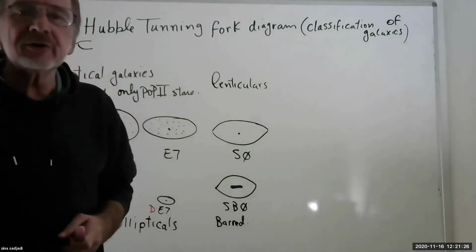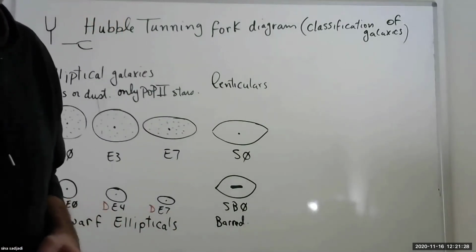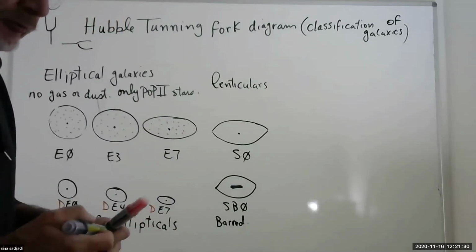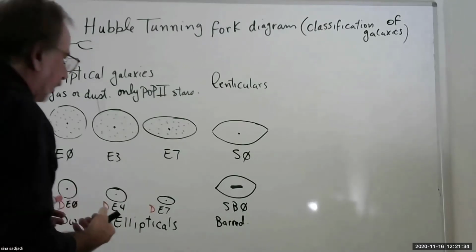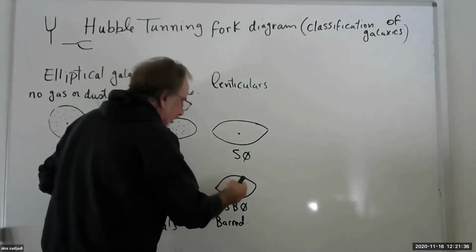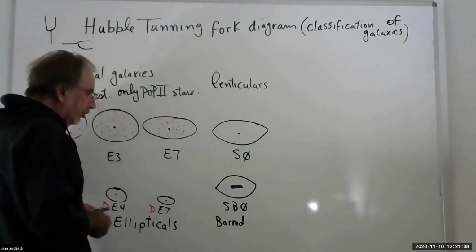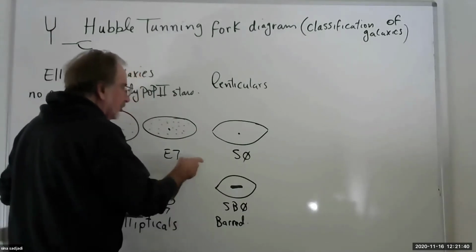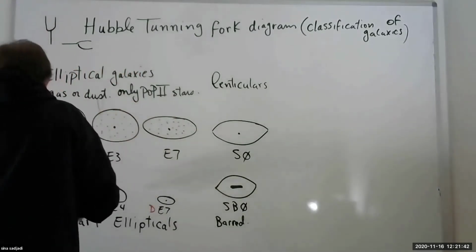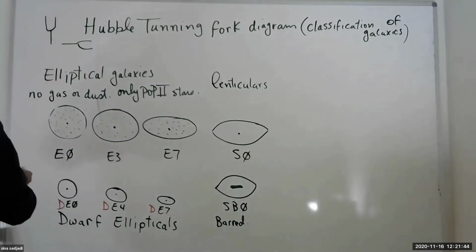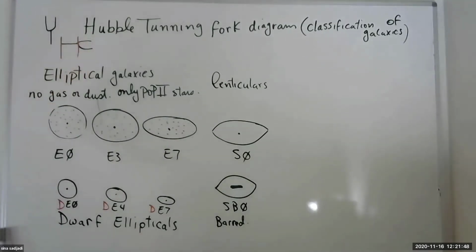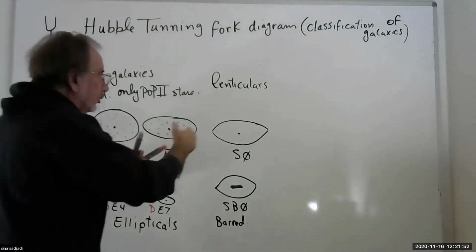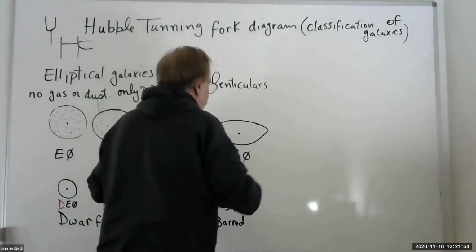A bar, like the bar in the Milky Way galaxy, is just a big bar of dust and gas and stars. That's called a bar. So these are the barred ones. Now you can see this section of the tuning fork. Now we're going to get into the actual tuning fork opening up here.